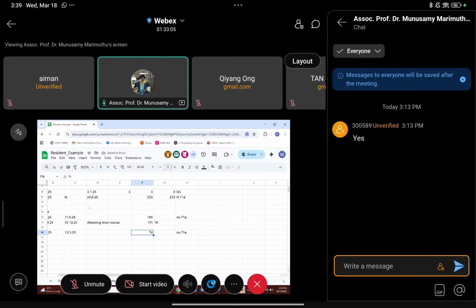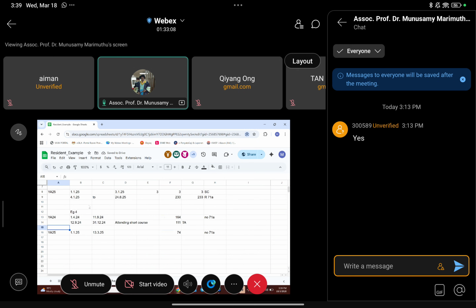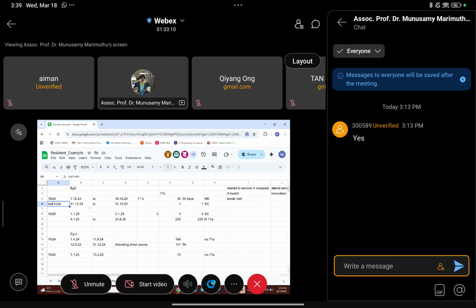But look, just now is after 31st December, either before or after. Here, after the link happens, the longer period happens after. This is a shorter period. This is a longer period after.